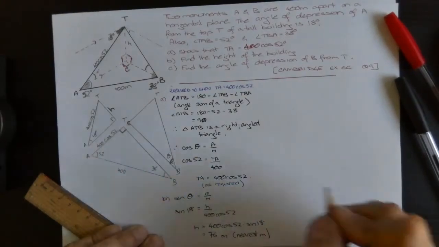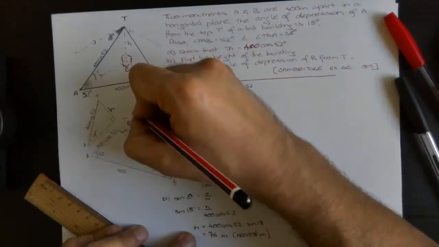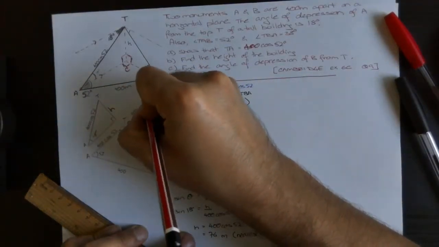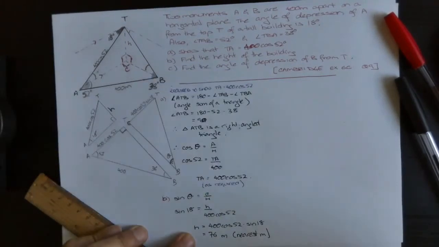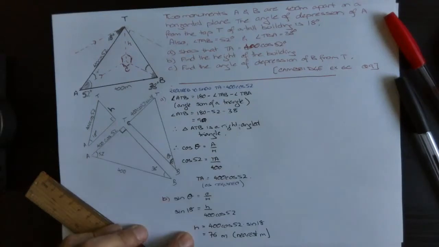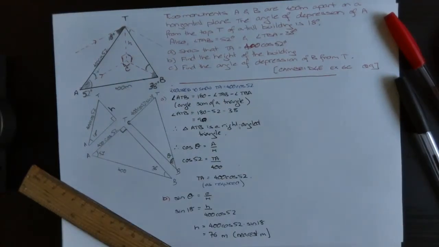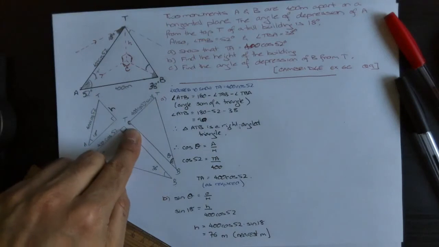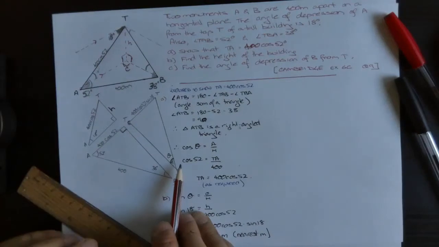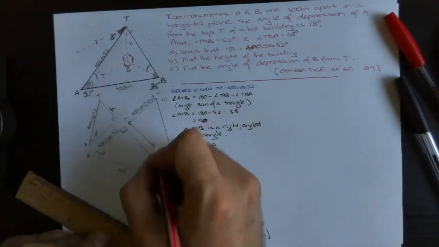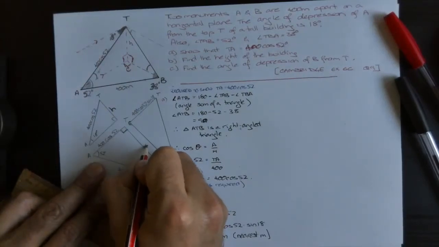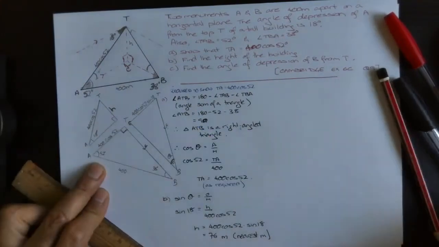Let's call that theta. We know that H is 400 cos 52 sine 18. We want to find that angle there. And so what we need is one more measurement. Because this is a right angle triangle, we'll find out this one here. Let's call it y. That's probably the easiest part.